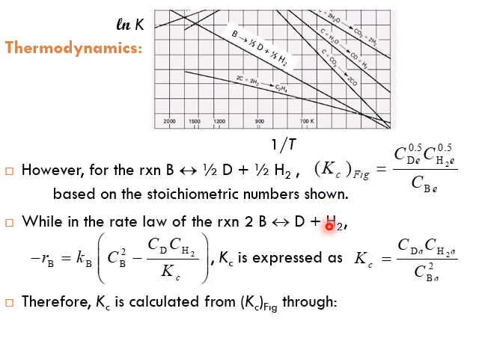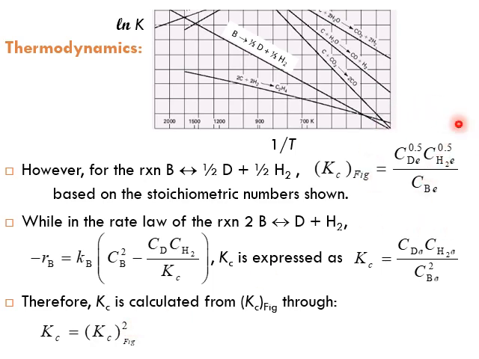Of course we can. If you compare these two equations, you can easily see that Kc, the one we are using in our rate law, equals the value of Kc that you find from the figure raised to the power 2.